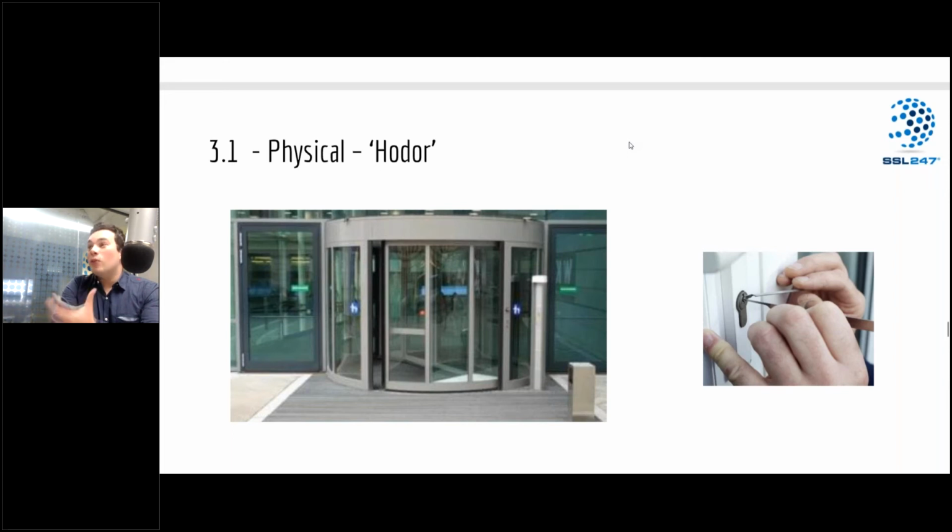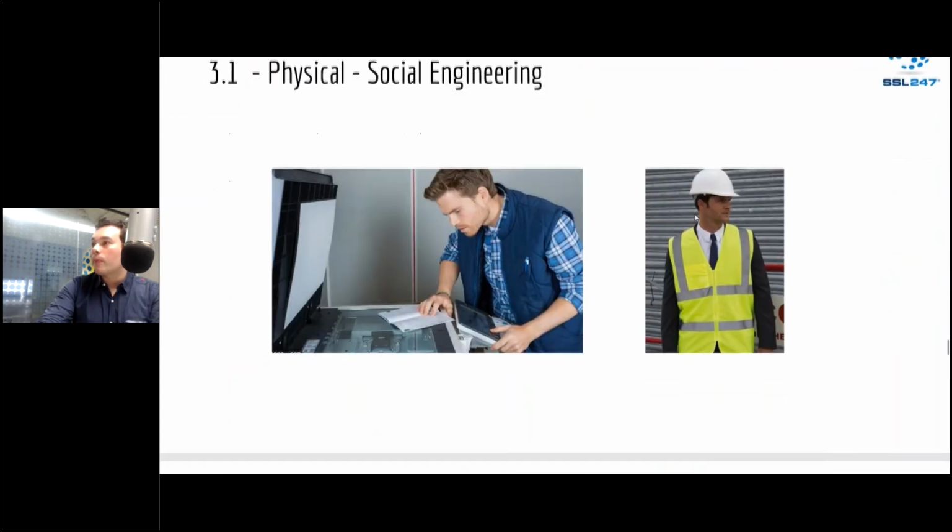It means hold the door. Basically you just follow someone entering the premises, and you say, okay, sorry, I forgot my badge, or I'm on the phone, I'm in a hurry, and you go through the person at the entrance, and that's how you get in. You can also use other techniques, like lock picking, social engineering.